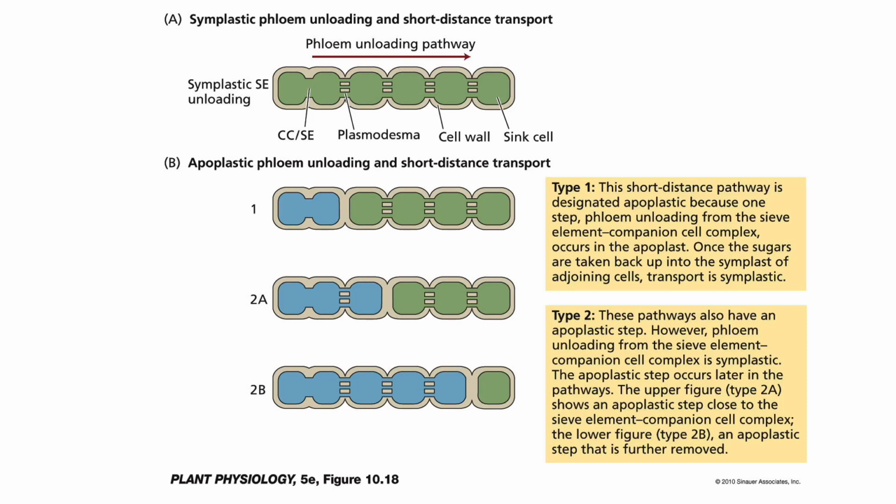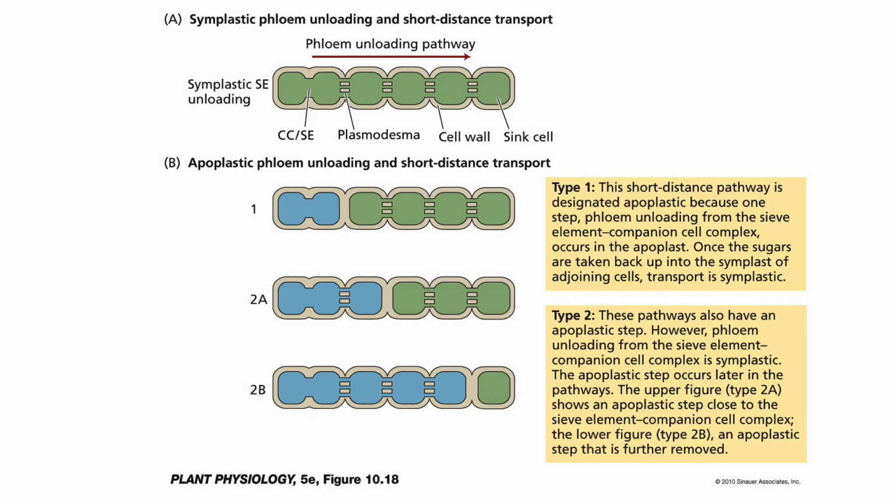So in number 1 here, we see the sieve element complex with the companion cells being isolated symplastically. So there are no plasmodesmatal connections between that and the adjacent cell. In example 2a, we have an additional layer. In example 2b, we have additional layers, and it's not until we get to the last sink cell or epidermal cell that we have this phloem unloading step occurring.